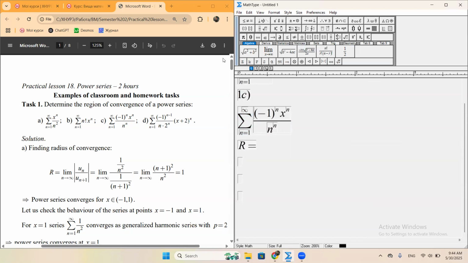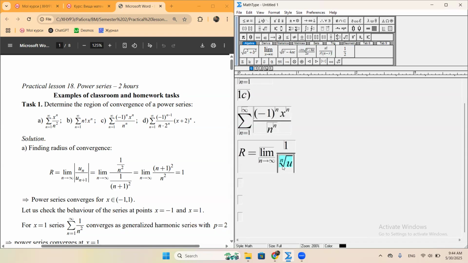We will use the formula that is similar to the radical Cauchy test, but again an inverse value. The radical Cauchy test looks like this.